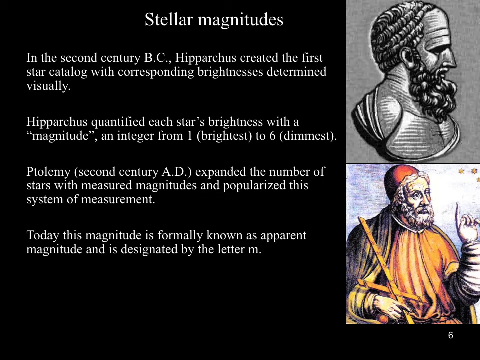You notice the magnitude system seems backwards: the brighter a star is, the smaller its magnitude. Our eyes can detect a factor of 100 difference in brightness among stars, so a first magnitude star is about 100 times brighter than a sixth magnitude star. We have preserved this relationship in the modern magnitude scale.